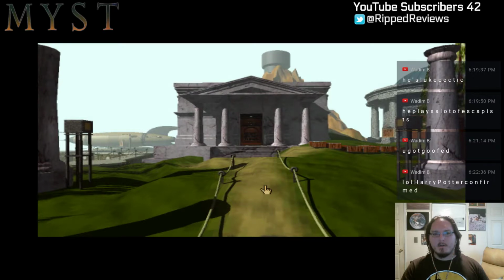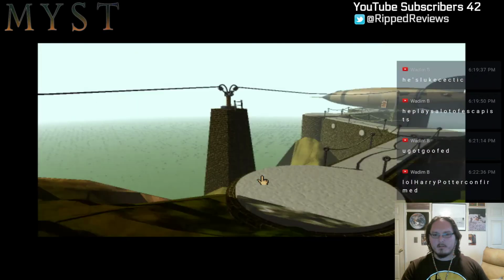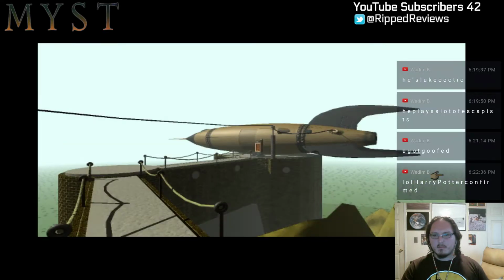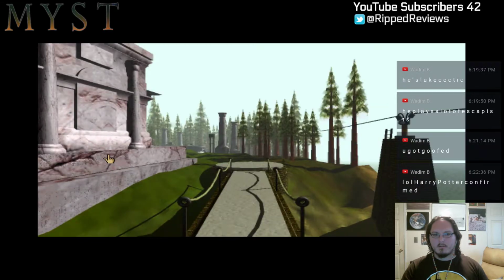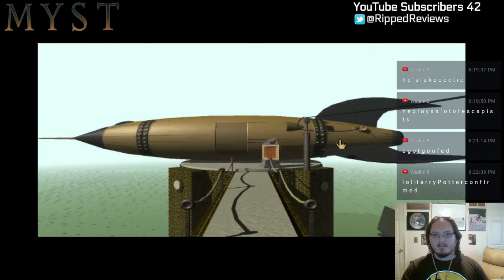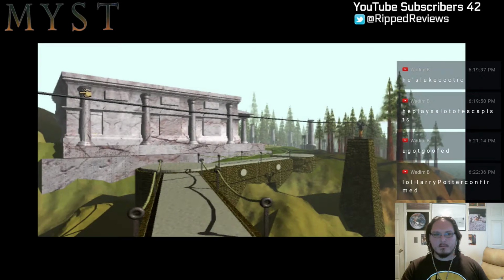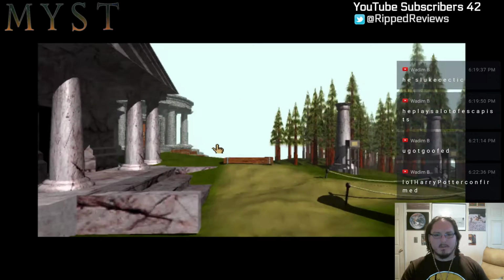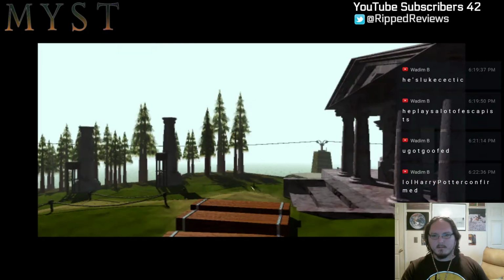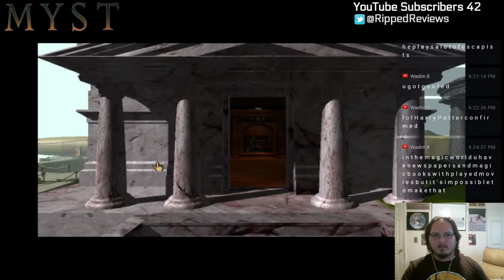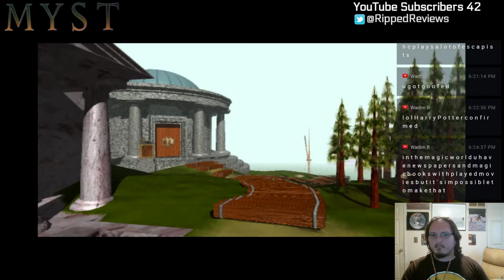Oh, is that the tower? Oh, I want to see the side of the building. Okay. There's like no good place to rotate that then. Huh.